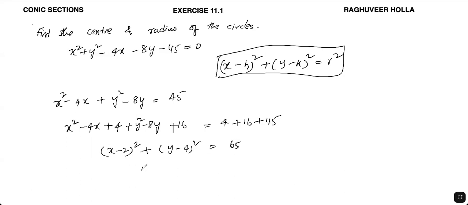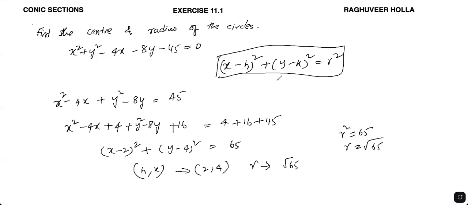So your center for the equation will be 2 comma 4, okay, and the radius is square root of 65, because here r square is 65, so r will be square root of 65, which is the radius.